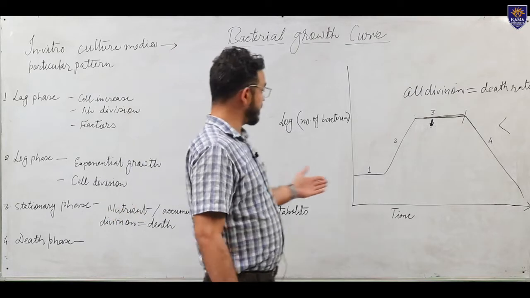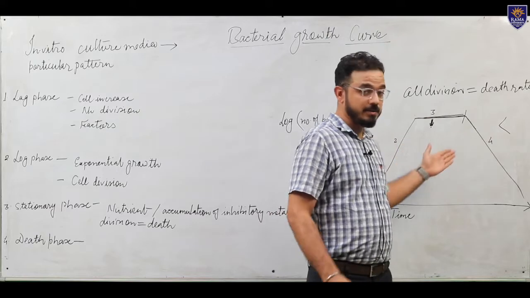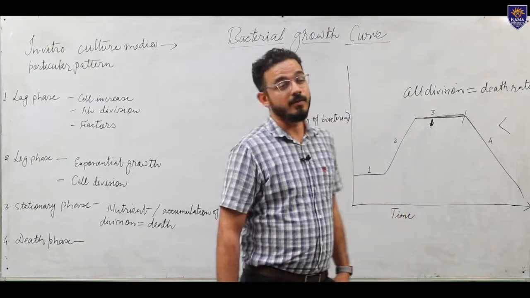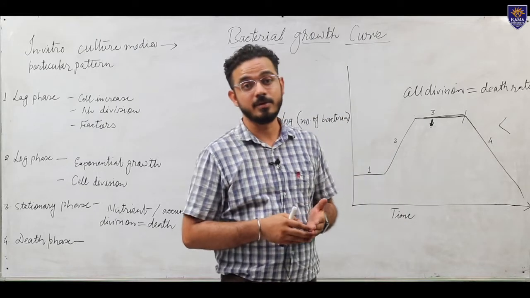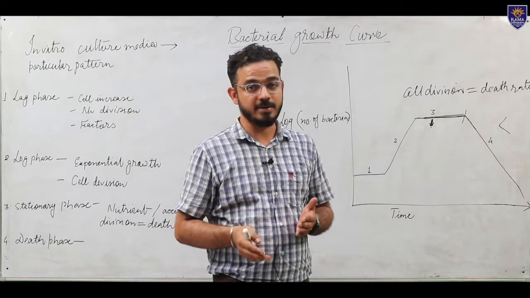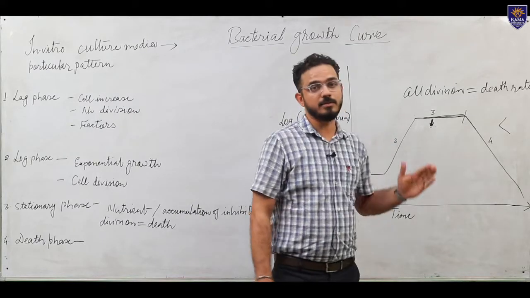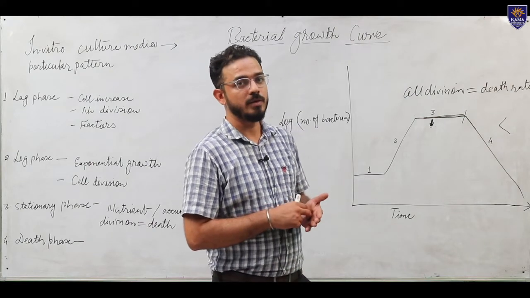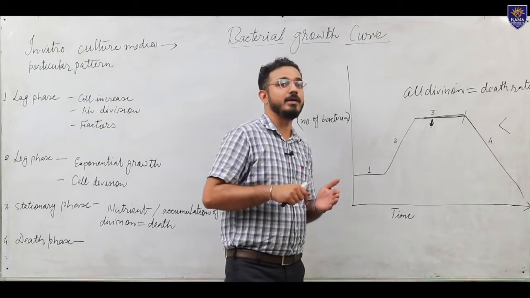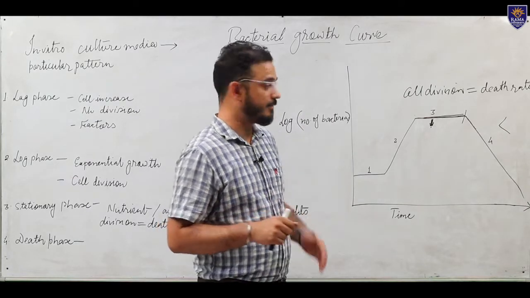In the second phase, the log or exponential phase, there is an increase in the cell population. Why? Because bacteria have started cell division, meaning binary fission, and the rate of increase is exponential, meaning 2 divided into 4, 4 divided into 8, 8 into 64.